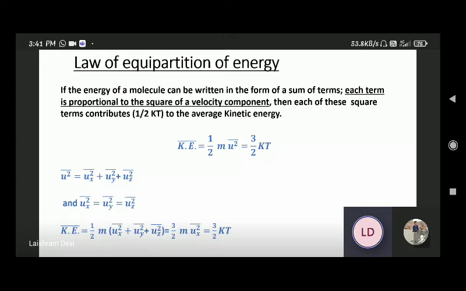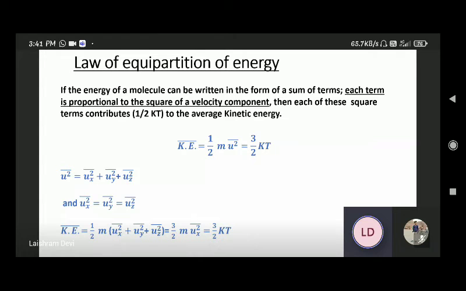And terms के sum ऐसा होना चाहिए कि it should consist of square of some velocity term. I'm not telling it should be sum of exactly the velocity terms. ठीक है, the square term should be something which is proportional to the velocity. ठीक है, and in that case each term, we can assume that each term will contribute half kT to the average kinetic energy of the molecule.